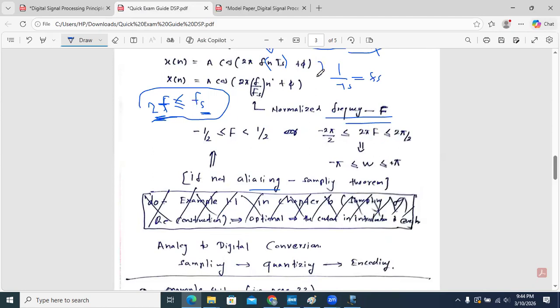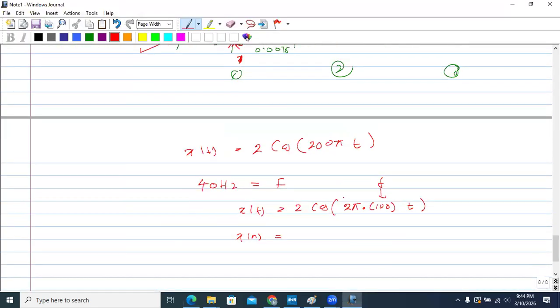Instead of t, you can apply nTs, and Ts is 1 over fs, that means f divided by fs times n. Now the sampling frequency fs is 40, so xn will be 2 cos of 2π times f divided by 40, and not t now, it will be n. So this is the sampled signal.